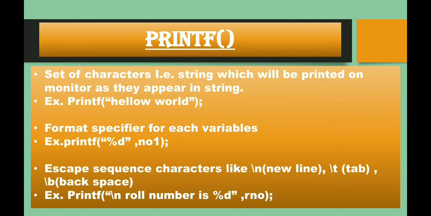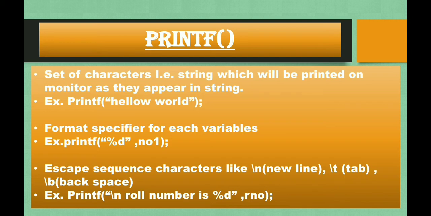Here you can see one example: printf, and then in the control string only %d is written, then after a comma, number 1. That means number 1 is of integer data type, and that is why in the control string the format specification %d is given. So %d shows that number 1 belongs to the integer data type.